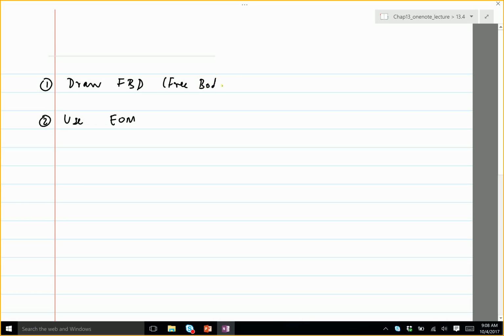Free body diagram. In this case we only look at F equals ma. So the net external force is mass times acceleration.